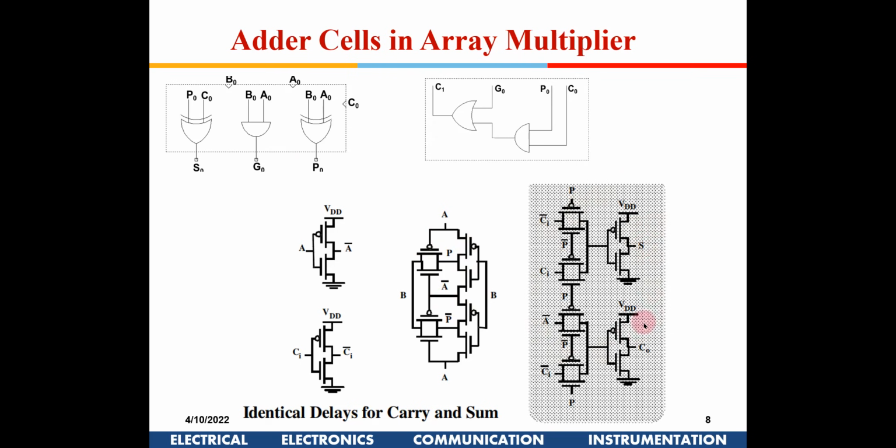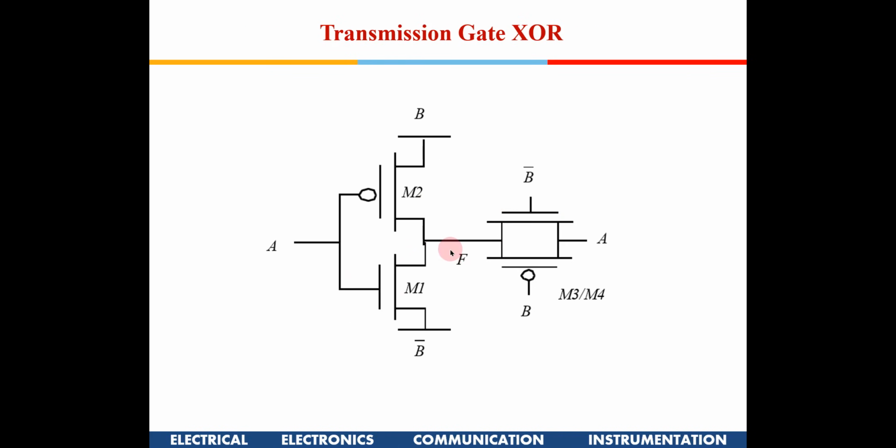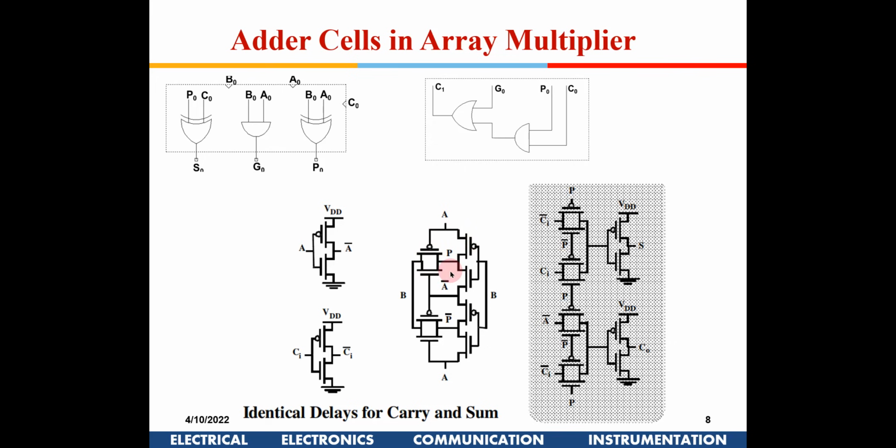That is being shown out here. You have A bar and C bar being generated, and this is an exclusive OR gate. This is the same XOR gate we studied here, shown out here. You have inputs A and B, and A XOR B is nothing but the propagation signal.